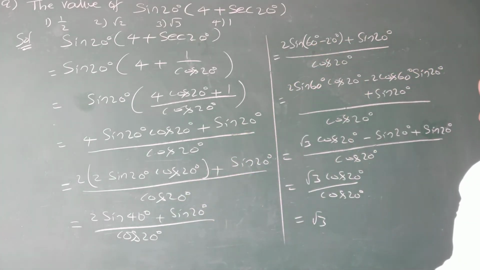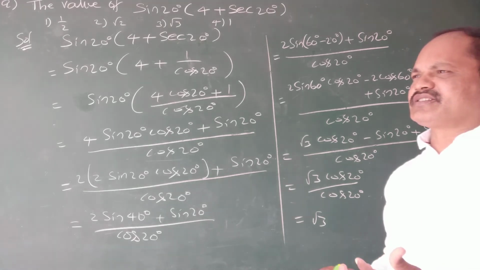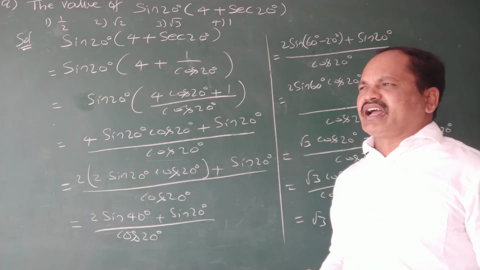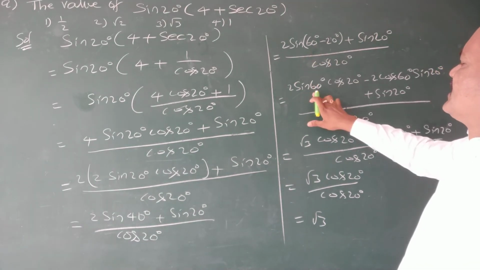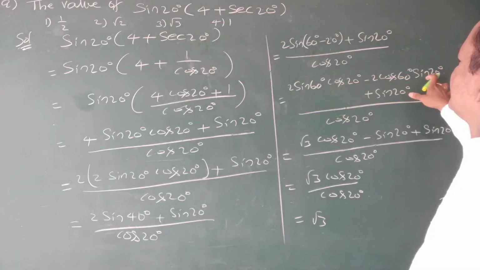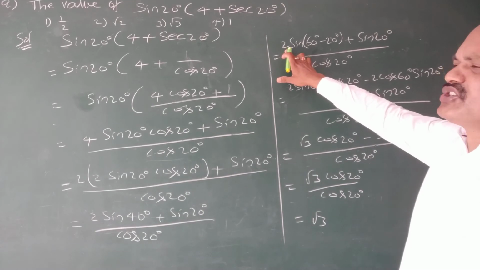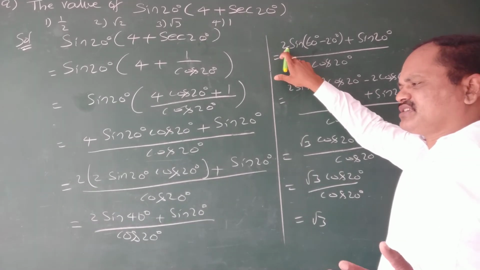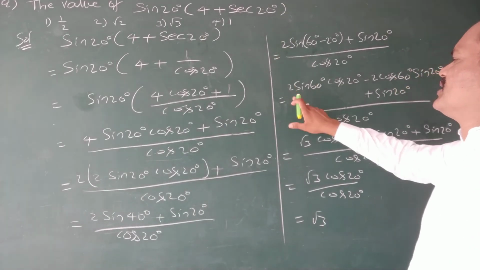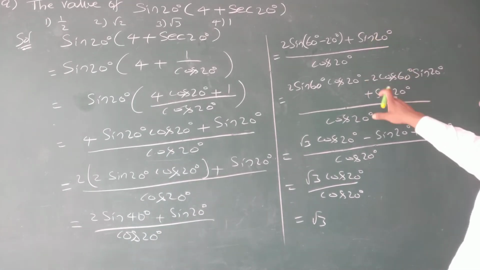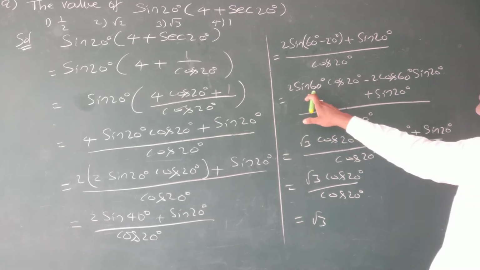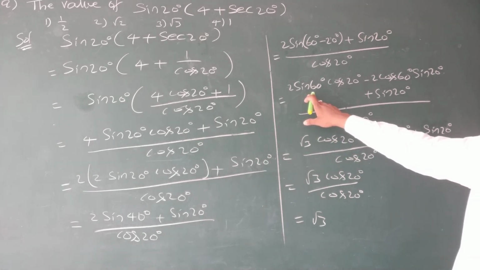Now expand using the sine expansion, the sine A minus B formula: sine A cos B minus cos A sine B. According to that, here it is sine 60 cos 20 minus cos 60 sine 20. Multiply with the 2 in front of the expansion: 2 sine 60 cos 20 minus 2 cos 60 sine 20, plus sine 20. Actually sine 60 is root 3 by 2, so the 2 gets cancelled.